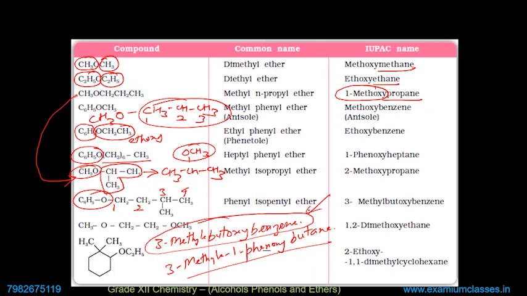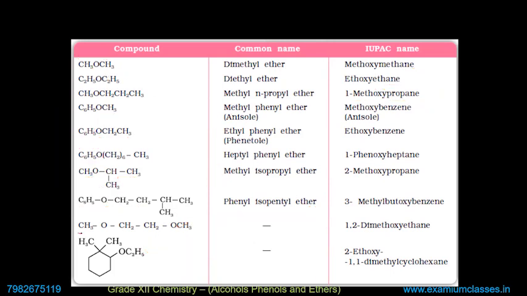Then the last two, these two do not have any common names, only IUPAC names. Okay. Now, why IUPAC names? Because here we have just this as the root and two groups are attached. If we consider these two groups as hydrogens, then it will effectively be CH3, CH3.